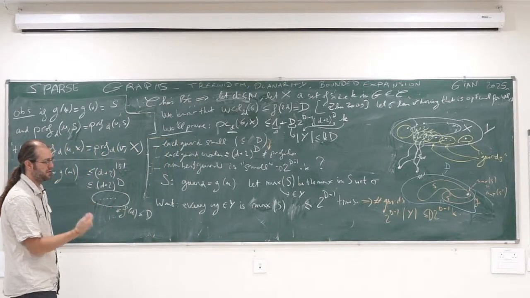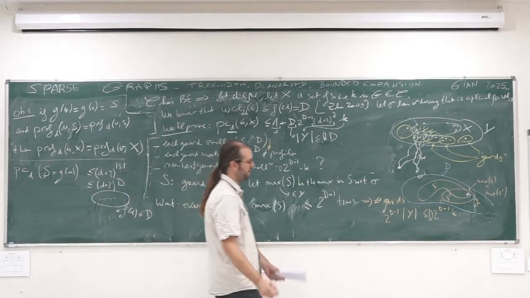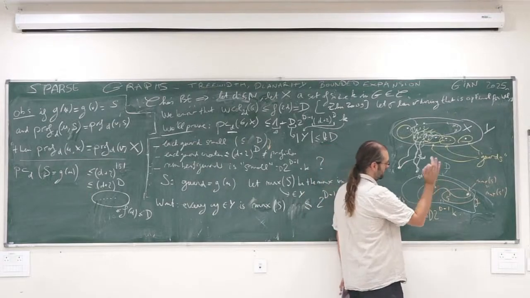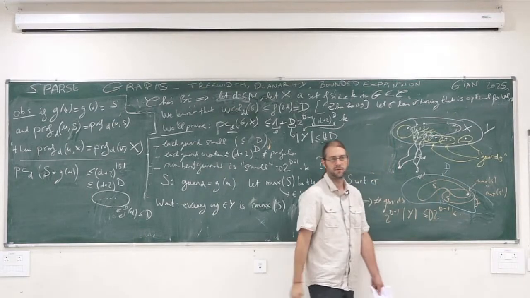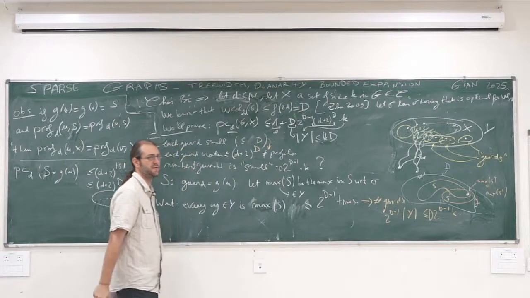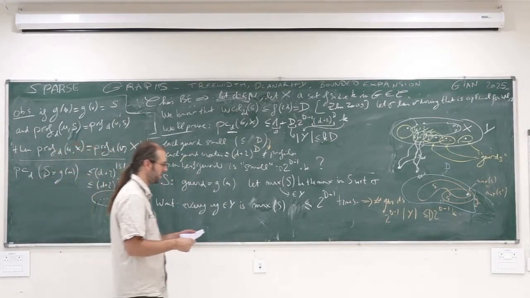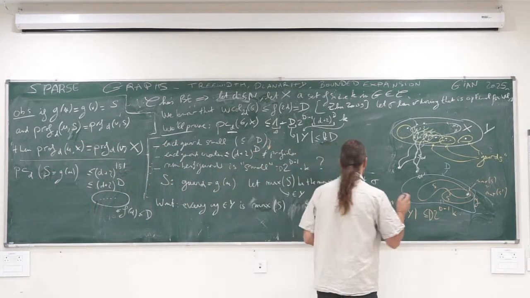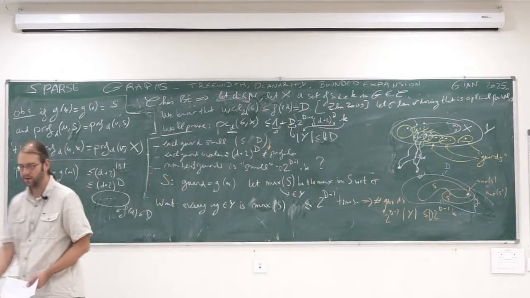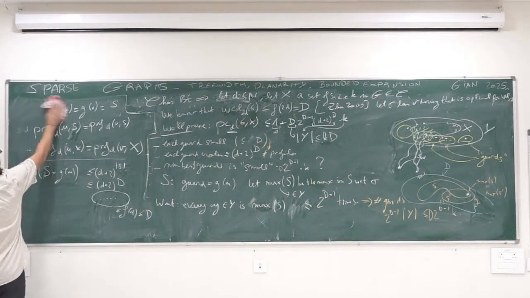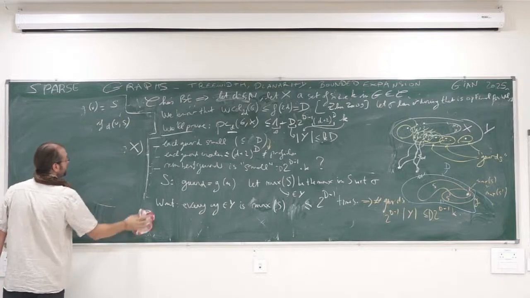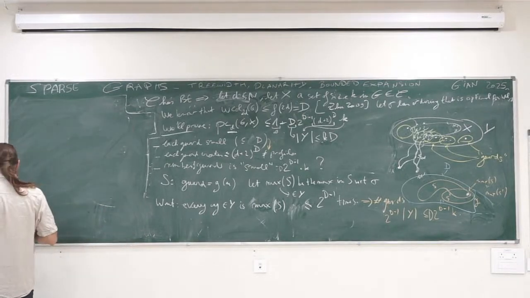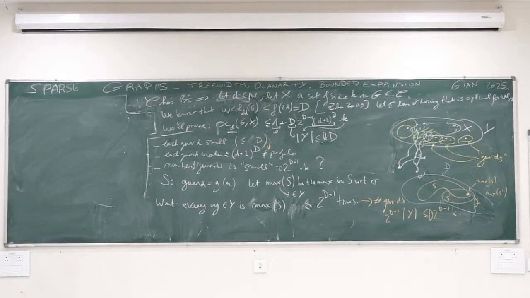Since the blue set is small, okay, I'm being very loose here, then the number of different guards is at most 2 to the power d, because it's just the subsets of that thing. So what I want to prove is this. This will finish the proof.